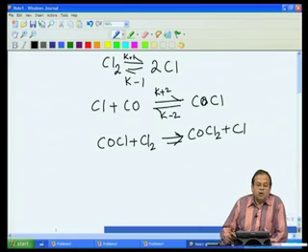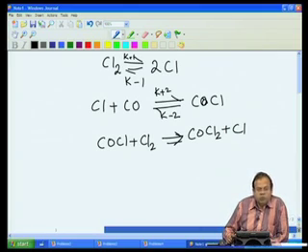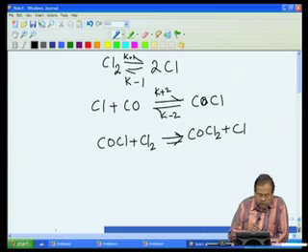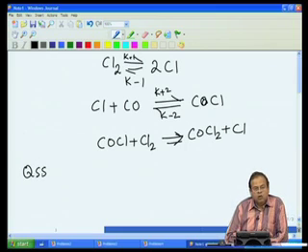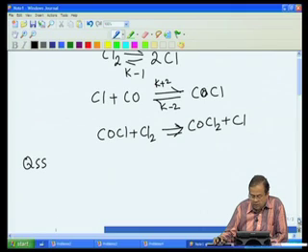Now let us try to derive the rate expression, and we will try to do it by starting with the quasi steady state approximation. We will go about it in a systematic manner.